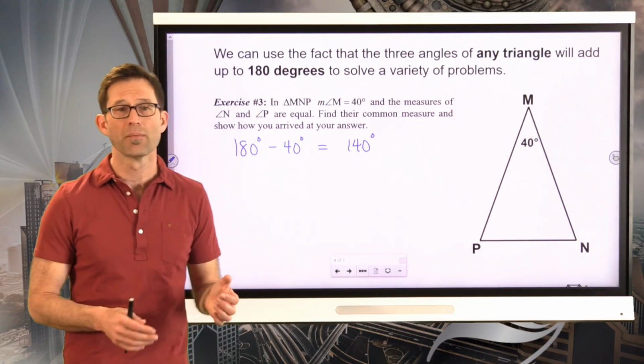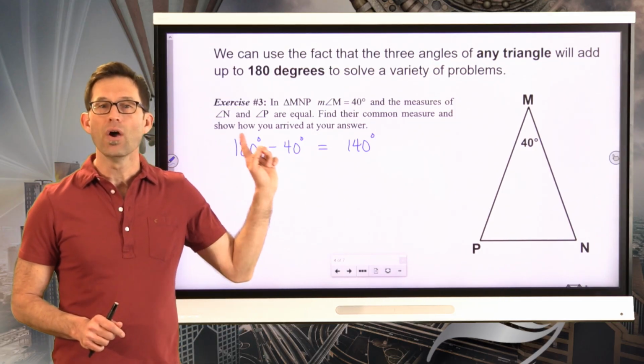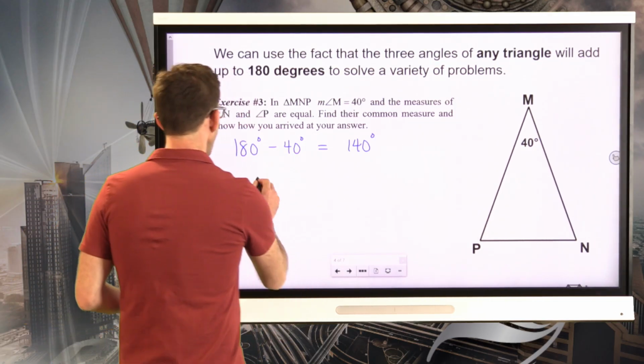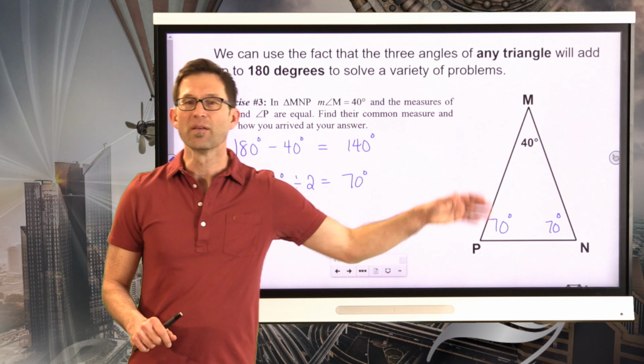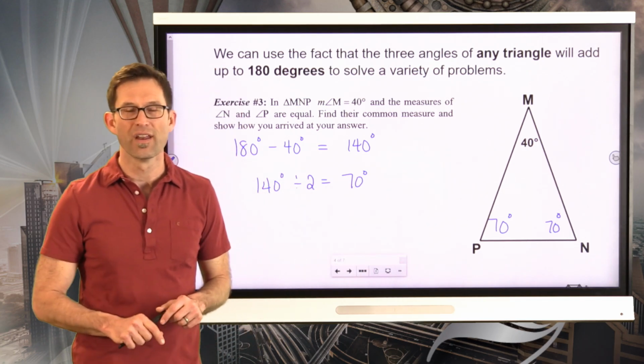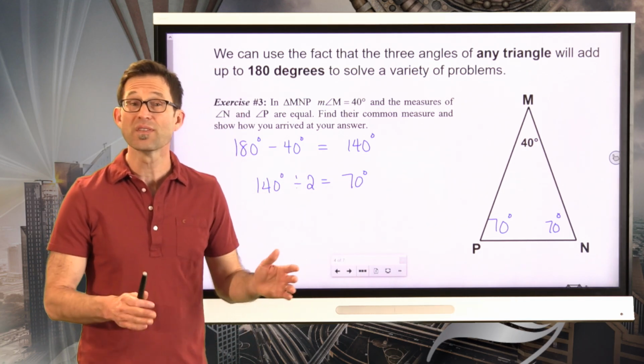I might have to set up some kind of different equation. But I know that the 2 are equal, and therefore that 140 degrees must be divided up evenly amongst the 2 of them, and that means each one of them has to be 70 degrees. 70 plus 40 gives me 180.